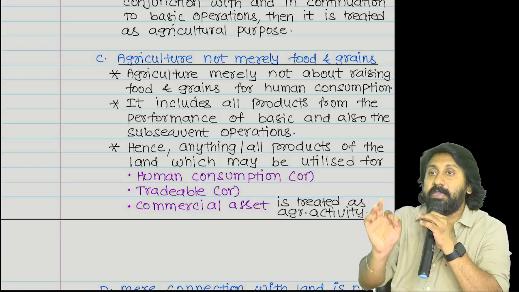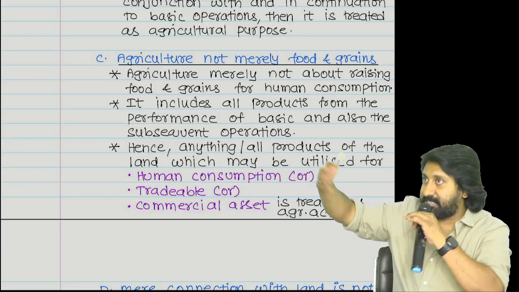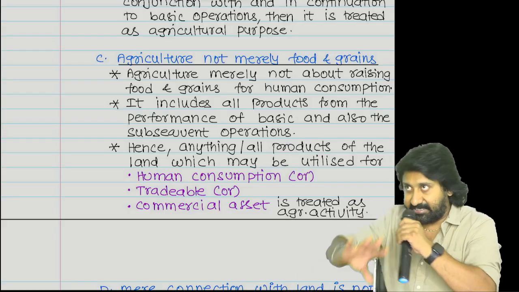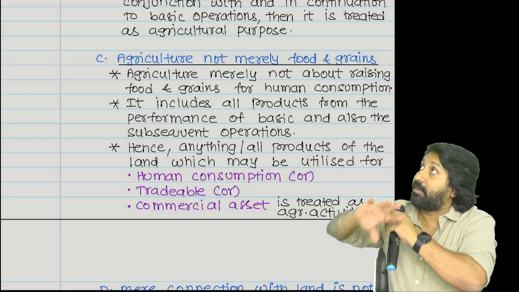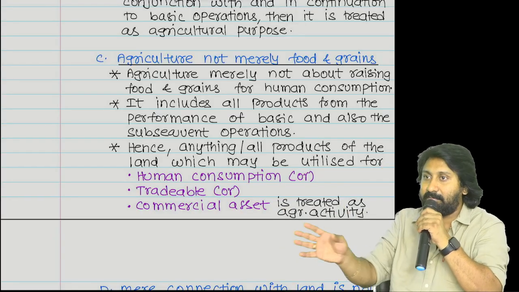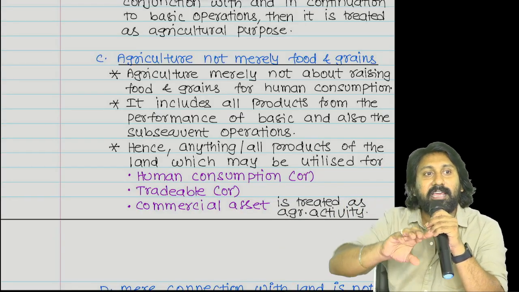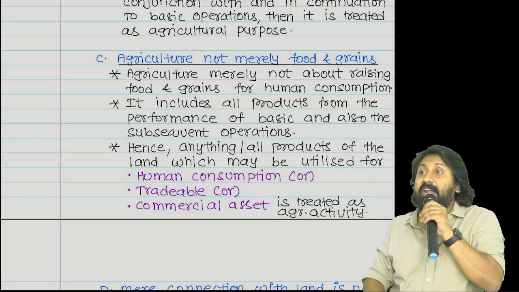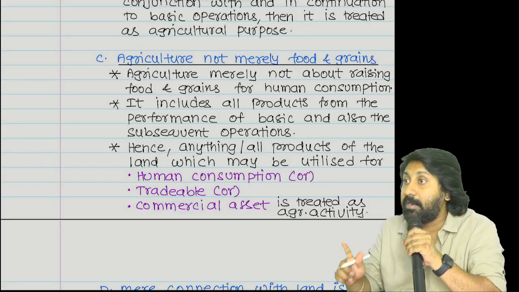Now please tell me, does tobacco create a commercial asset? You will make a sofa set with tobacco? You will create any asset with tobacco? No, we don't create any asset with that. But tobacco is a tradable commodity. Tradable commodity.